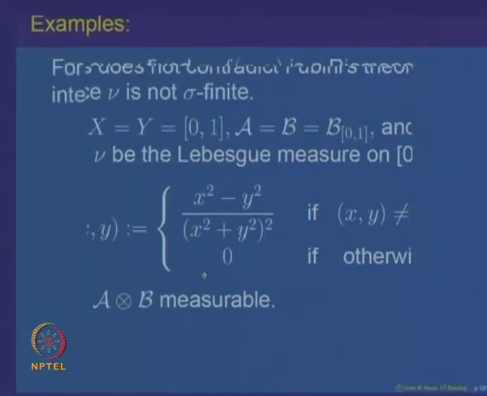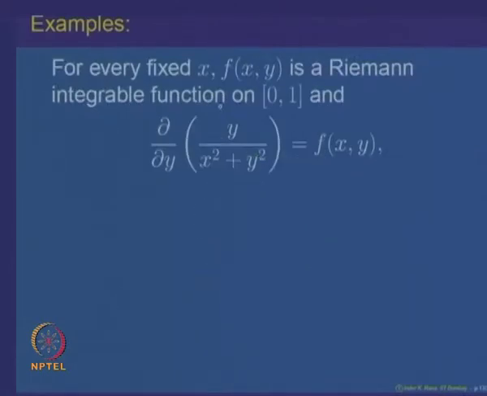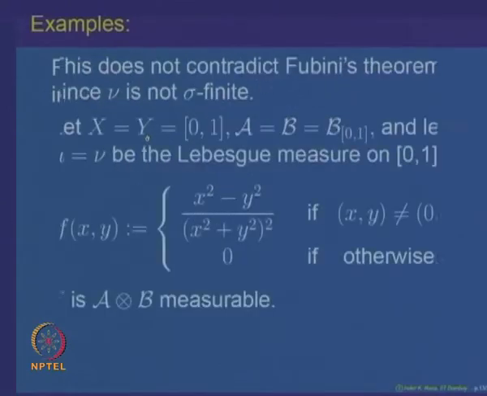So, let us first observe that for every fixed x, if I fix x at any point, then this is a function which looks like minus y square divided by (x square plus y square) whole square. So, that is a function of y, for every x fixed, continuous almost everywhere except at the point 0.